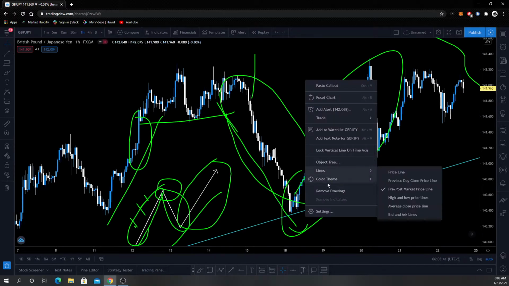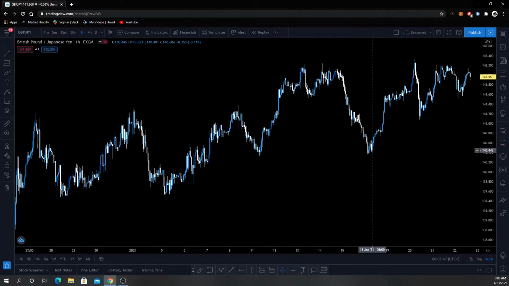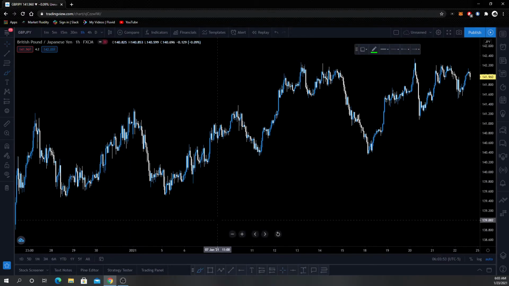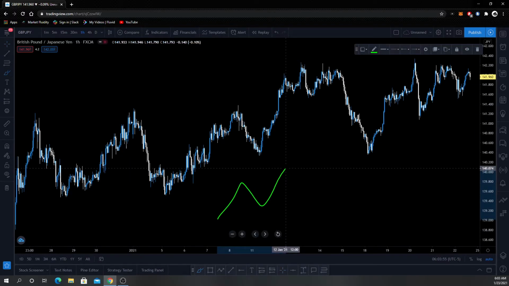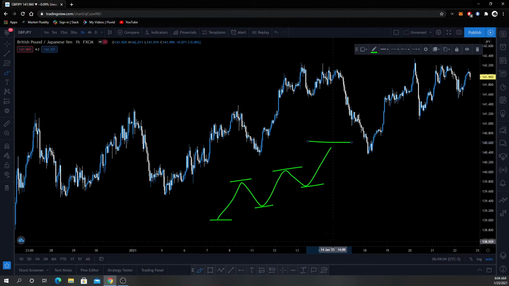Okay, so let's reset, let's clear this up. Then we have trends and trend lines. We mentioned trends, which are the 3 phases of the market. The uptrend, where the market creates higher highs and higher lows.